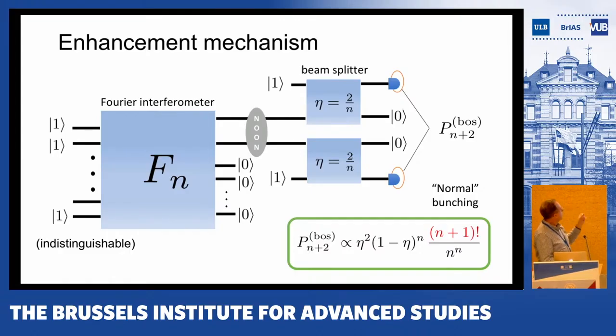And the main point is that at this intermediate step, the state that we have here is a known state. I mean, this was actually known. So this means that it will be a superposition of N photons in the first or N photons in the second mode. And if you propagate it and you would like all photons to end up in either the first detector or the second detector, it's immediate to see that there will be an N+1 factorial entering the formula.